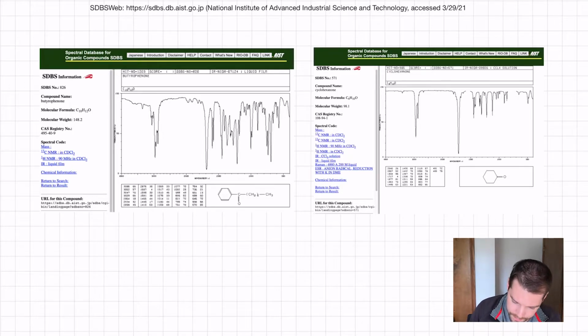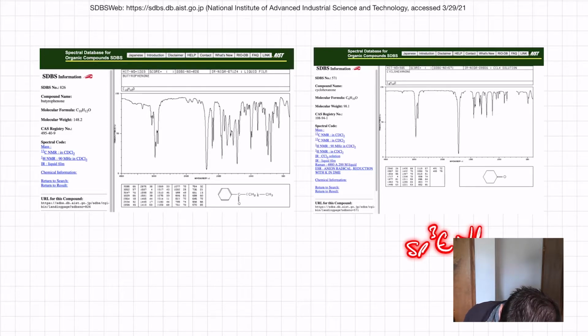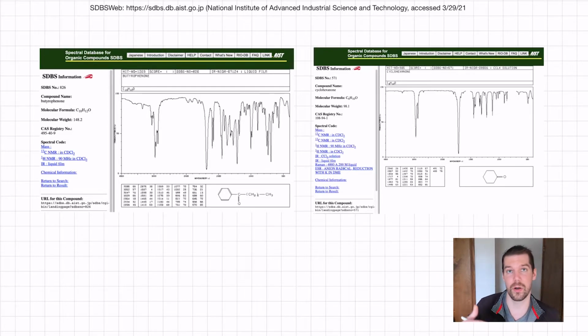More importantly, if we look right here at these peaks, these are on the right side of that 3000 mark. And so I know these are sp3 CH bonds, or alkane bonds, just like we saw on the last one. Here, there's the 3000 right there.